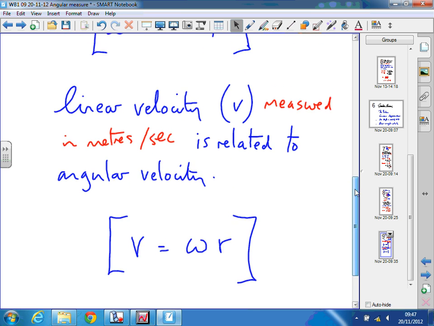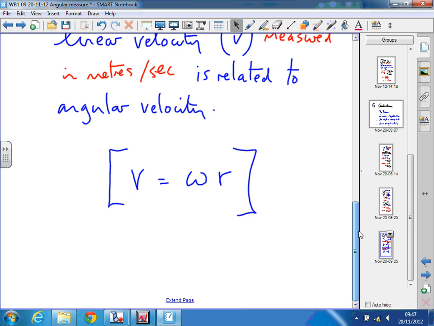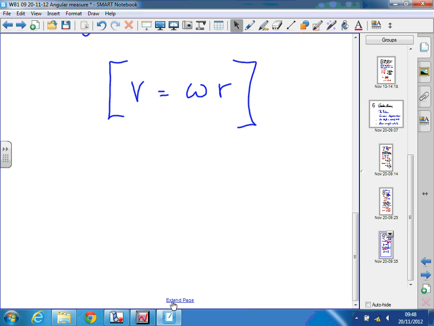We talked about the formula that relates the frequency to the angular velocity, omega equals 2 pi f, and we talk about the formula that relates the linear velocity v to the angular velocity omega. And that's a very common formula to use, because it's not uncommon to have situations where we have something rotating with an angular velocity omega, and in some sort of process you might be then pushing out material along a belt or something with a linear velocity v.